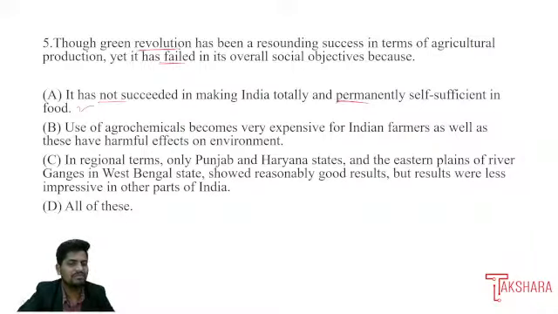And the use of agrochemicals has become very expensive for Indian farmers, and they also have a harmful effect on the environment. To conduct the green revolution, we have to use agro-based chemicals.